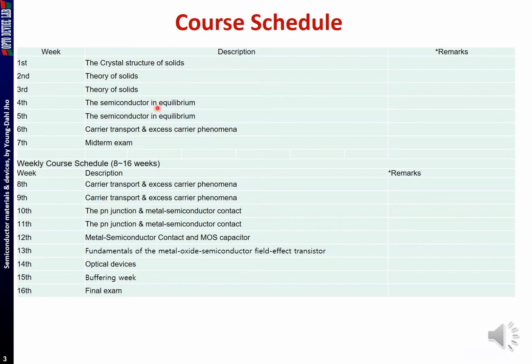Equilibrium means the energy of the electron doesn't change much with time, and the position of electrons doesn't change much with time. And then carrier transport. I mentioned the drift; drift is one of the transport phenomena. And then excess carrier phenomena.